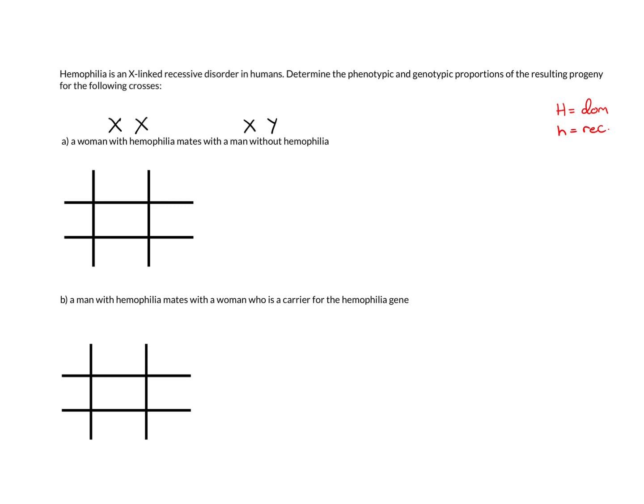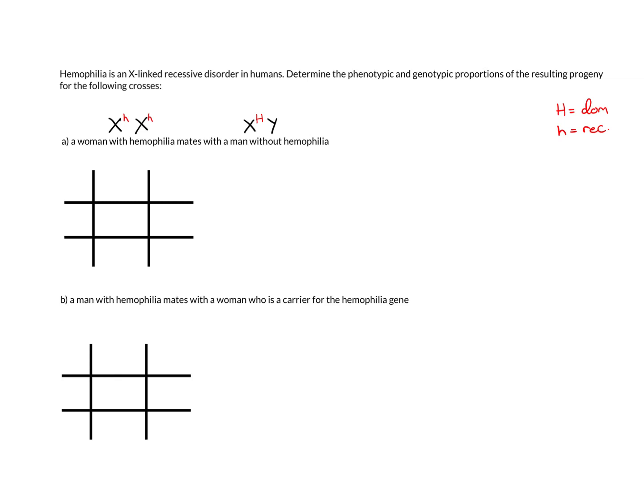So, the woman in this cross has hemophilia, and since this disorder is recessive, it means that she has two recessive alleles for the hemophilia gene. The man in this cross, on the other hand, does not have hemophilia. As a result, he has the dominant allele for this gene.